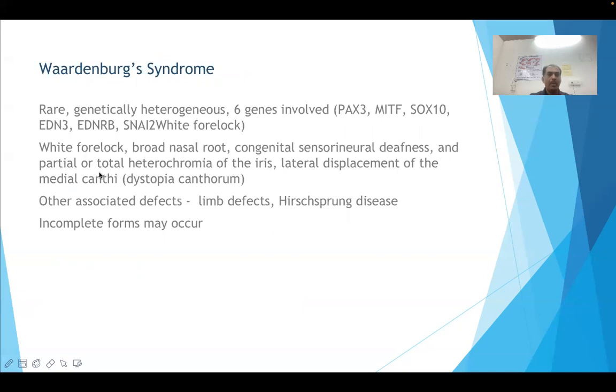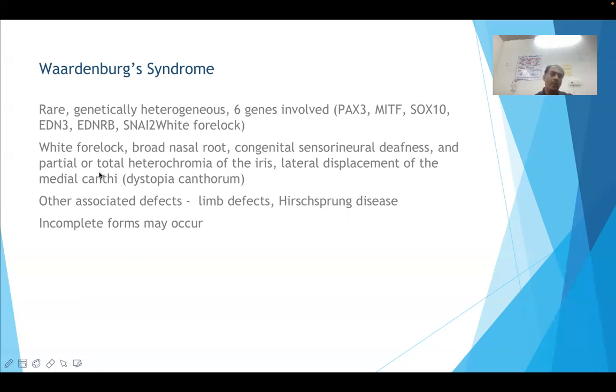The Waardenburg syndrome is a rare, genetically heterogeneous group of diseases, and mainly 6 specific genes: the PAX3, the MITF, the SOX10, EDN3, EDNRB, SNAI2 genes are involved in Waardenburg syndrome.